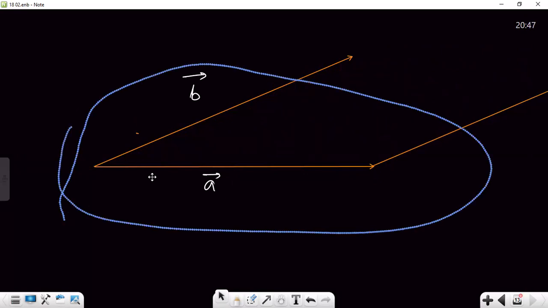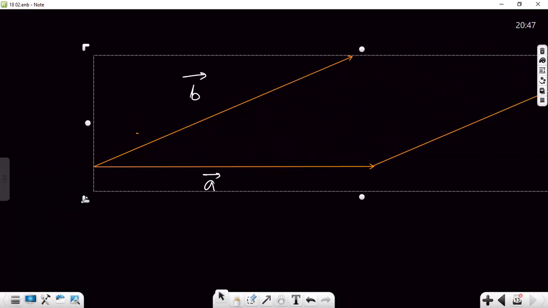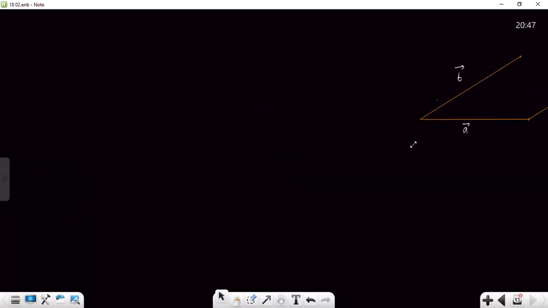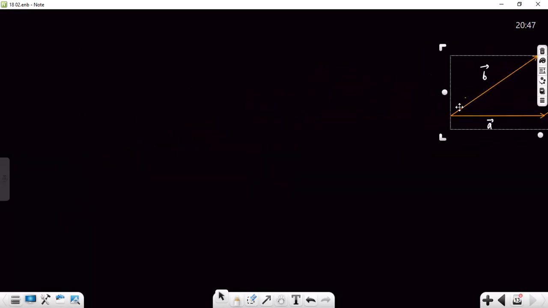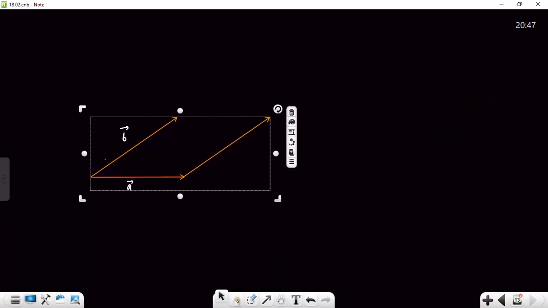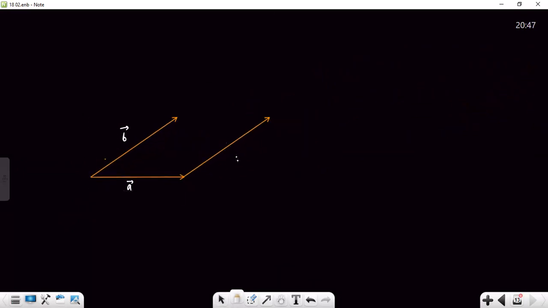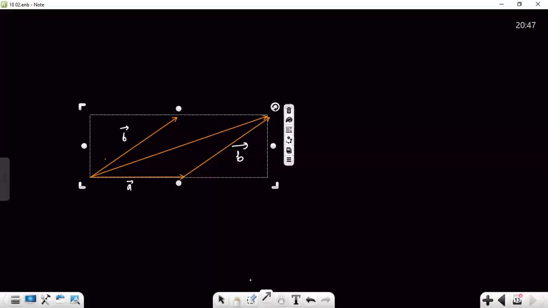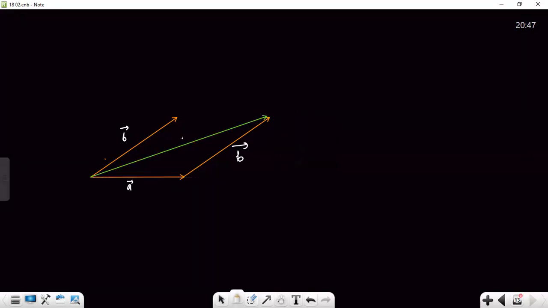Let me make our diagrams a little smaller. So we have displaced the B vector. Now the vector joining from here to here will be the addition vector, A plus B vector.